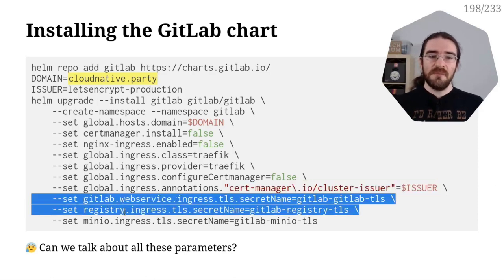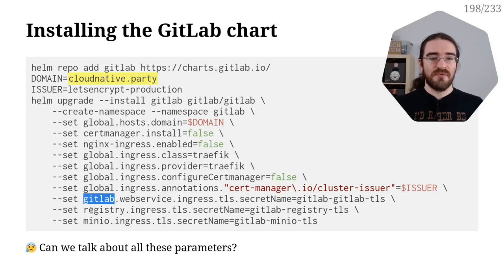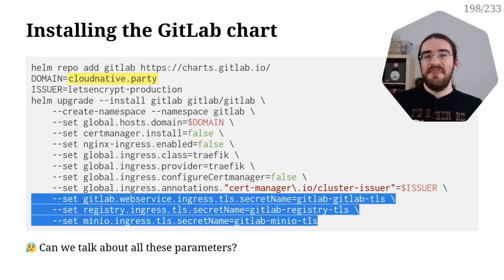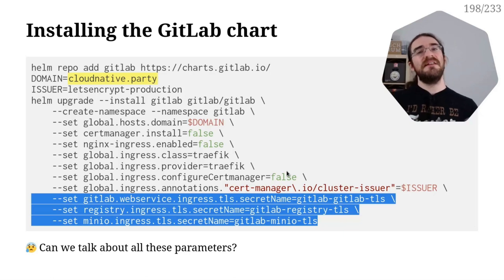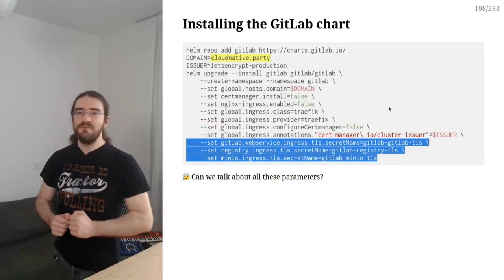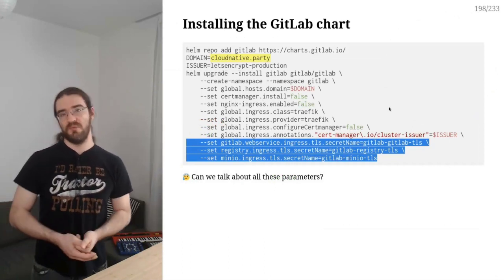Now these three options here, you can see each time it's gitlab, registry, minio, .webservice, .ingress, .tls, etc. These options simply add a TLS section to the ingress resources. And we need to pass these options, because if we do not pass them, then the chart will not add a TLS section in the ingress resource.